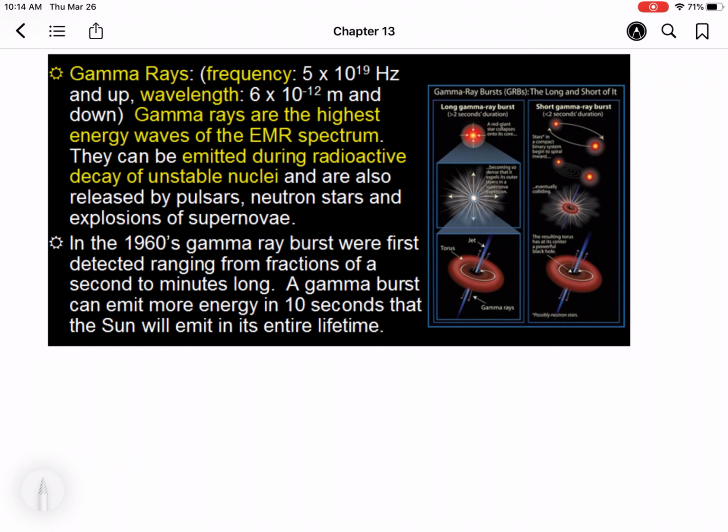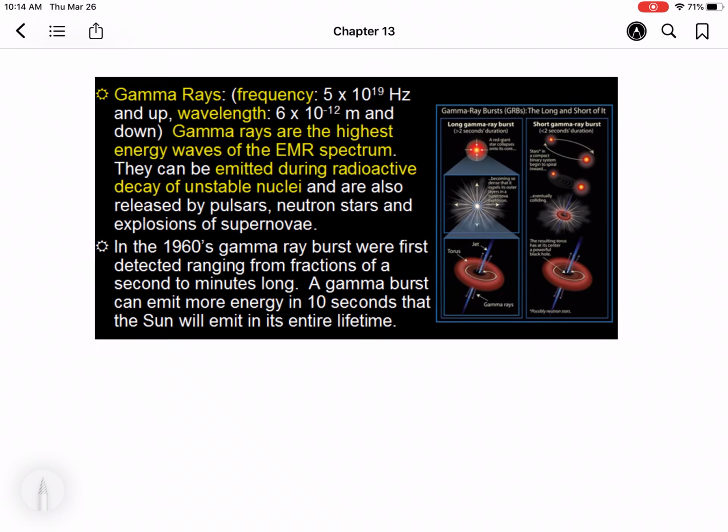A gamma burst can emit more energy in 10 seconds than the star will emit in its entire lifetime. So we're trying to understand how much more energy gamma rays have. These are quite scary. They can do a lot. We're basically sending energy throughout the universe in a very quick and very small, compact fashion. These are what gamma rays can do.